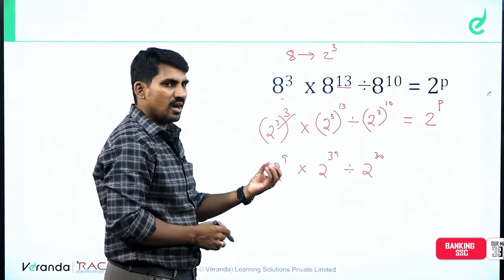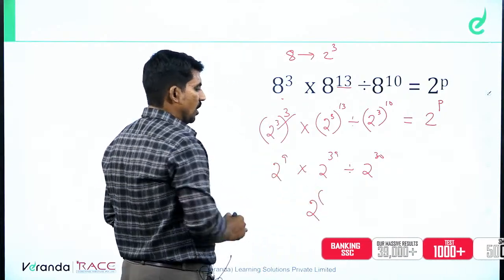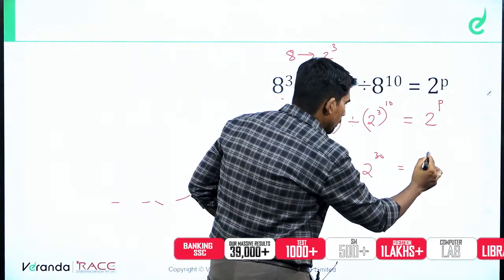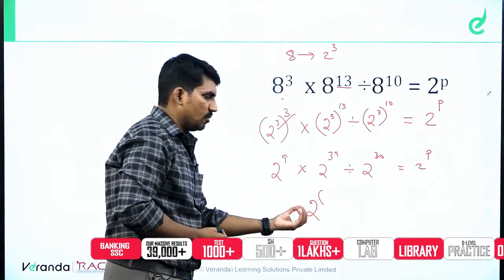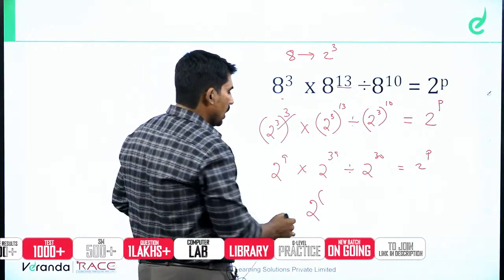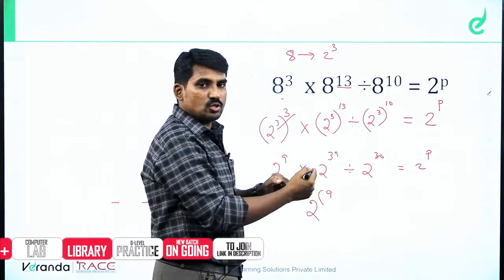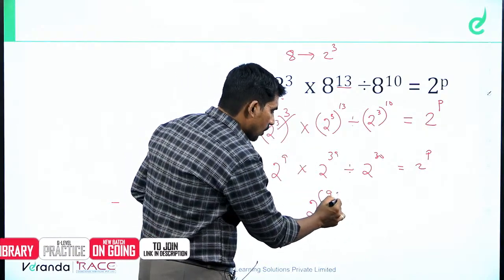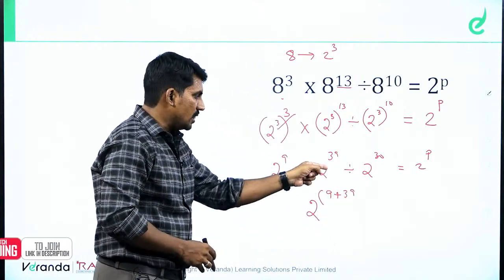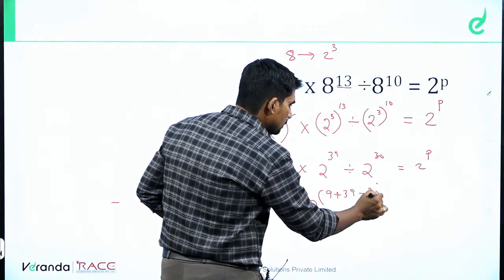Therefore base value same. Shall we apply the product and division rule? Base value same. Therefore 2 to the power p we have to find out. Now 2 we have taken. Now these two are multiplication, 9 and 39. Therefore 2 to the power 9 into 2 to the power 39. Product, therefore we are taking sum m plus n. Then division, therefore shall we subtract this 30?